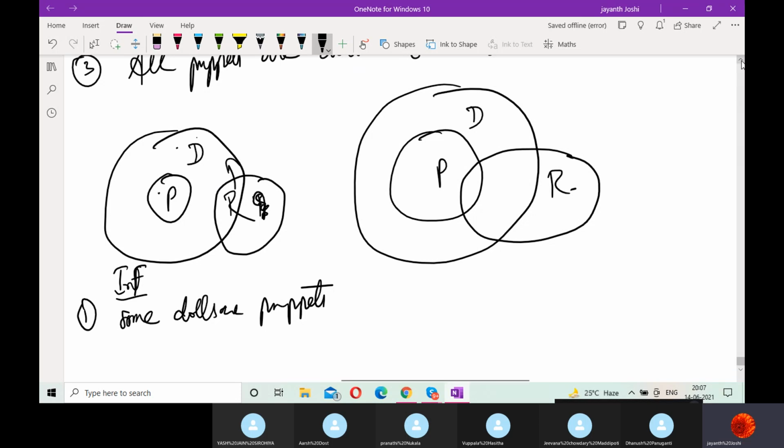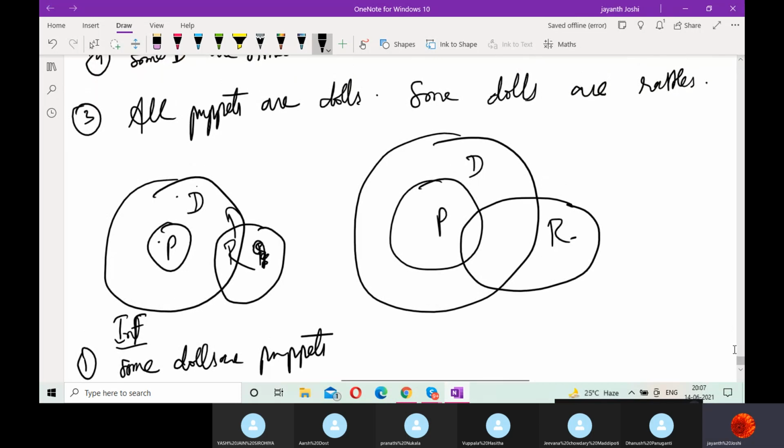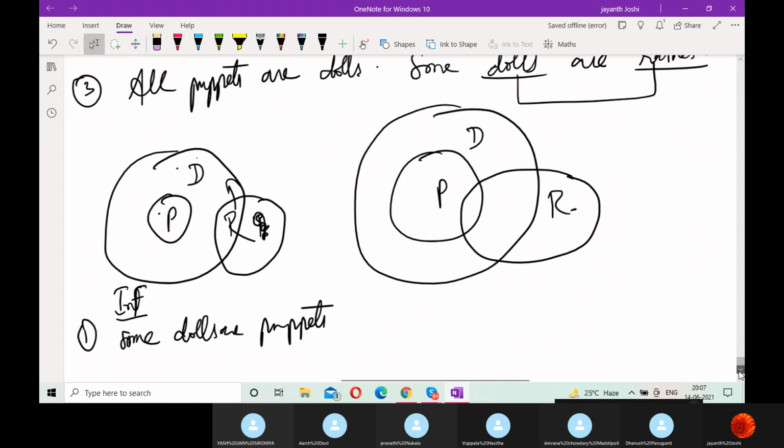Some rattles are dolls. That is an understood fact because they have already given some dolls are rattles. We already know, but we will not repeat what is given in the question. All of you, please tell me yes or no. Will you repeat the same thing? No, sir. Similar, definitely you have tried. When some dolls are rattles, some rattles are dolls.